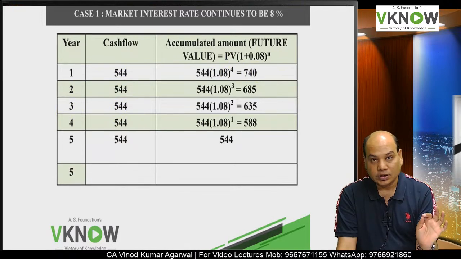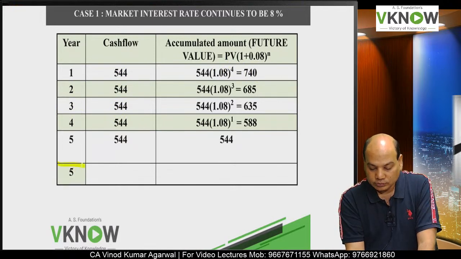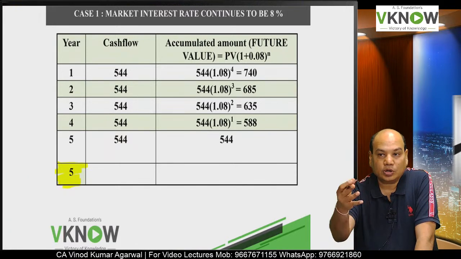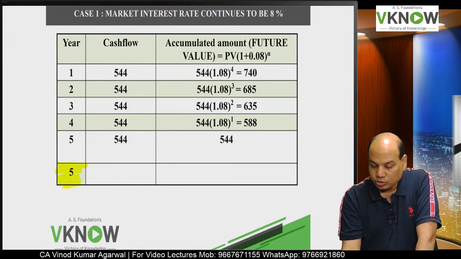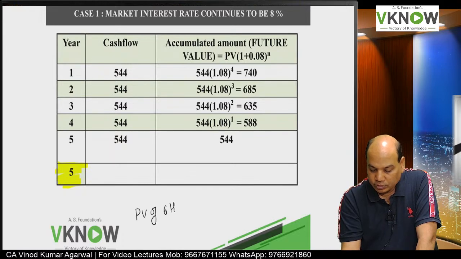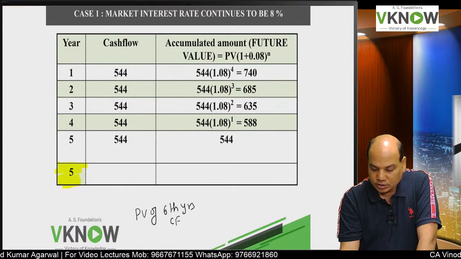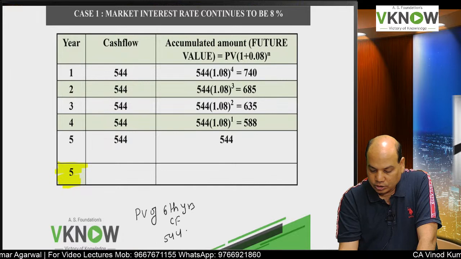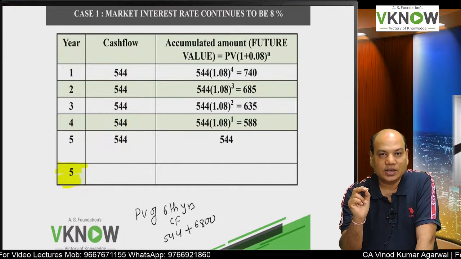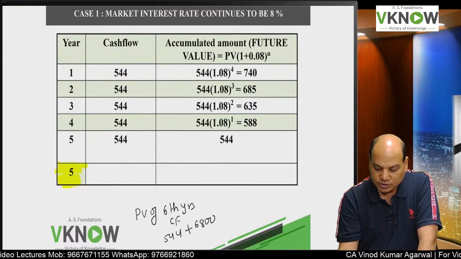Now, in the 5th year only, I am going to sell the bond, which will be equal to the present value of the 6th year cash flow. In the 6th year, the cash flow from the bond will be 544 towards coupon and 6800 towards principal.